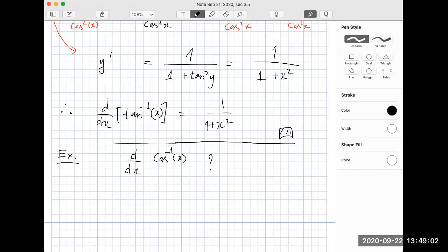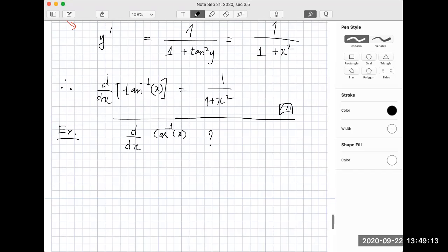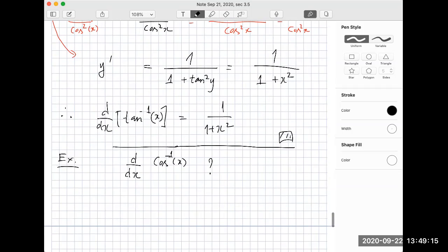Go home and do this. Prove it. It's not difficult. And many other terms. But now, let us do this example. Can you follow? Is it too fast or very good?